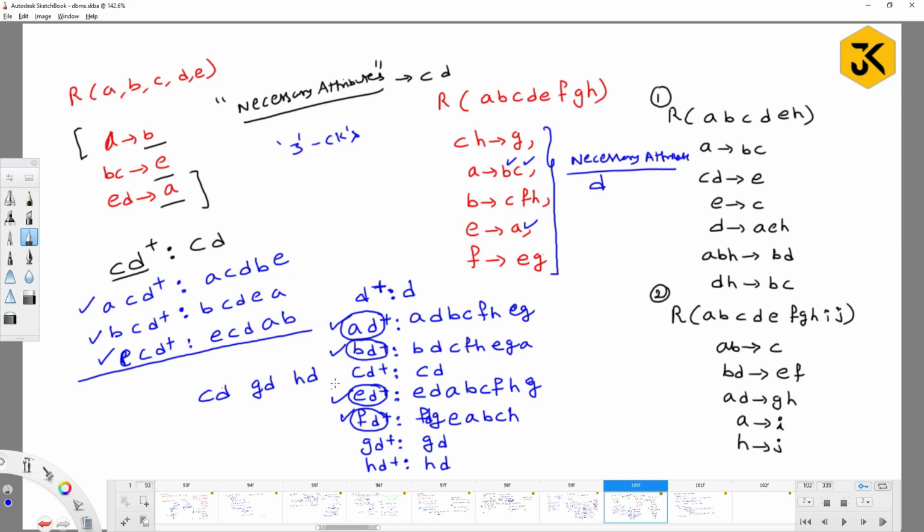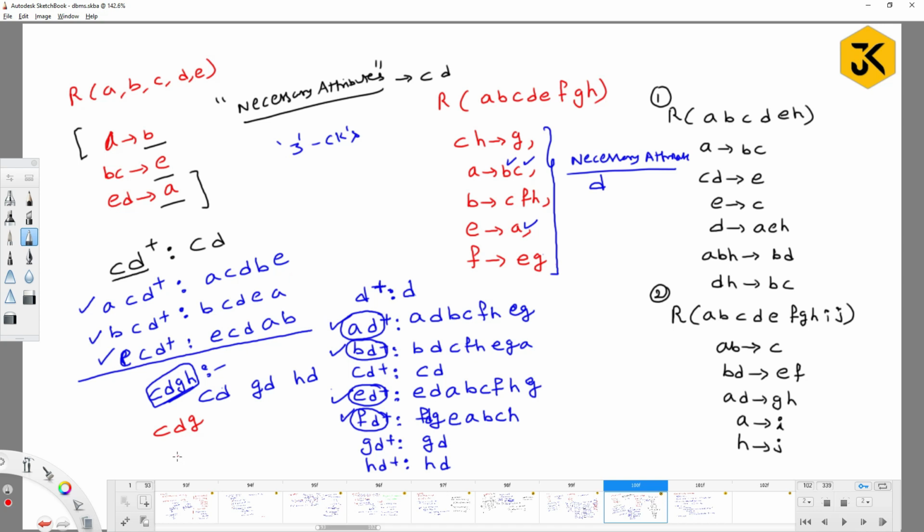So what might we add here? Again from the non-candidate keys only: C, D, G, H. For CD, what can you take?